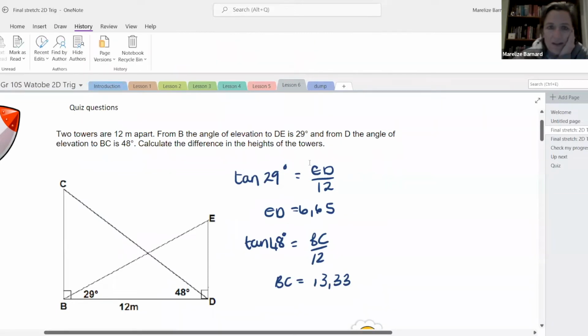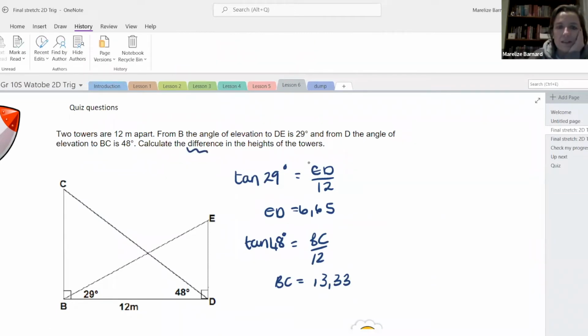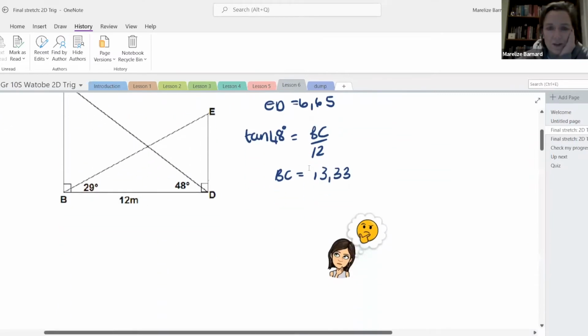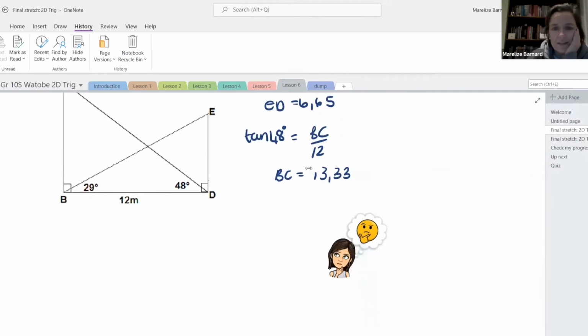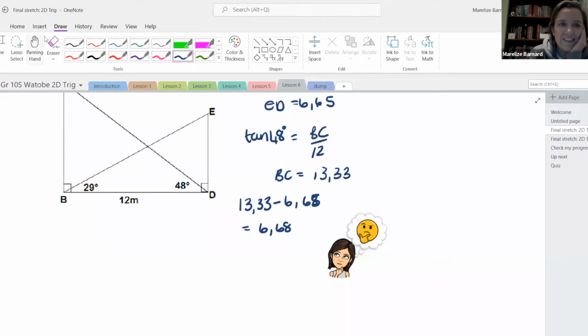And because we are calculating the difference in the heights of the two towers, we're going to subtract. So we're going to say 13,33 minus 6,65, and your answer is 6,68.